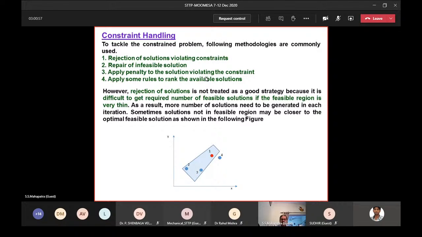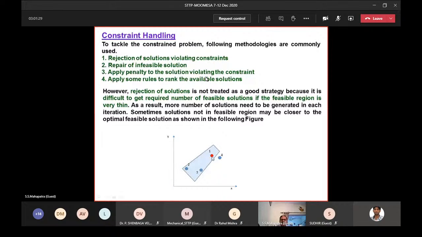You look at here, the optimal solution is 1, but solution 4 is very close to solution 1, and in the next iteration or 1 or 2 iterations, it may approach near to 1. You see, solution 2 is not violating any constraint, but is quite away from the optimal solution, and it may reach towards this or this value.